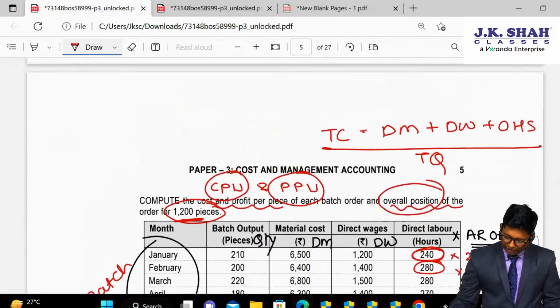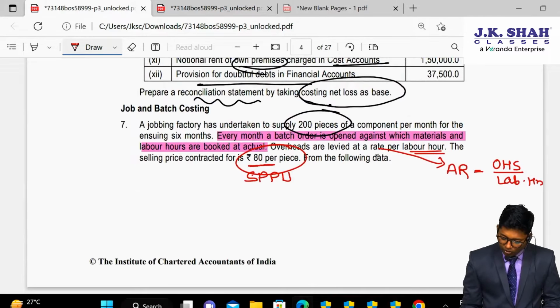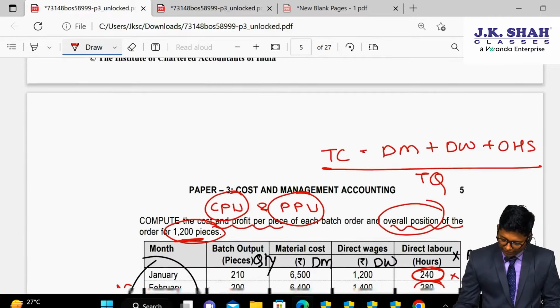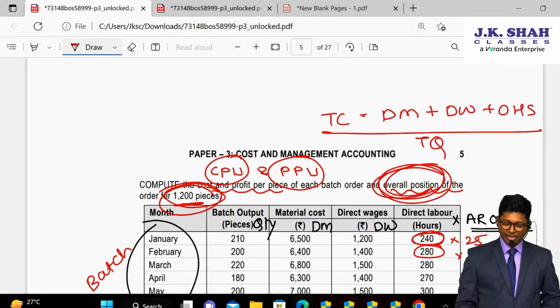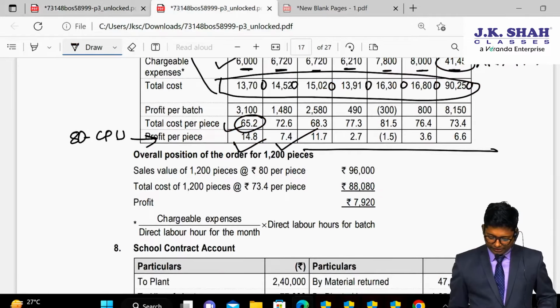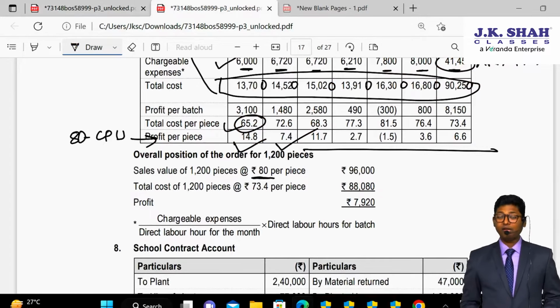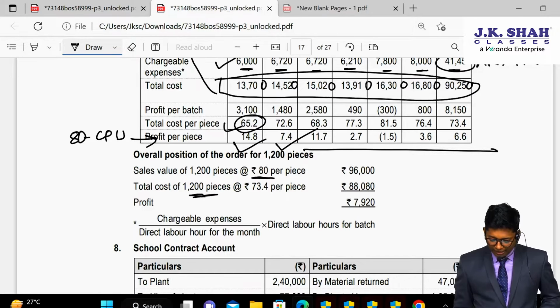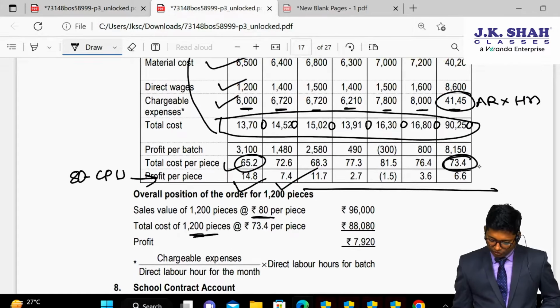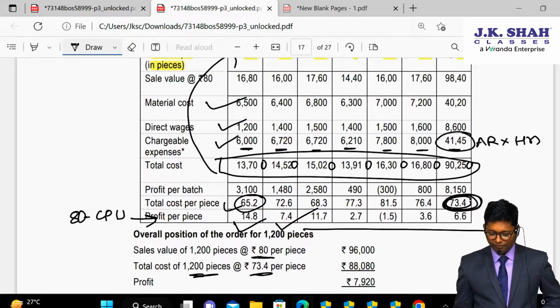Question is not only asking you to calculate the monthly cost, they have asked you to calculate one more thing, and that one is the overall calculation. If you read this line, overall position is asked when 1200 pieces are sold. When you sell 1200 pieces, by selling them at 80 rupees, you are going to get 96,000 as your sales value, and for 1200 pieces on an average, the cost is 73.8. Sir, how is this 73.8 computed?